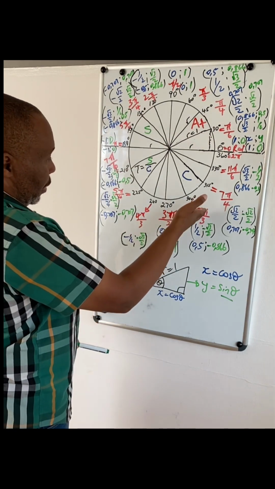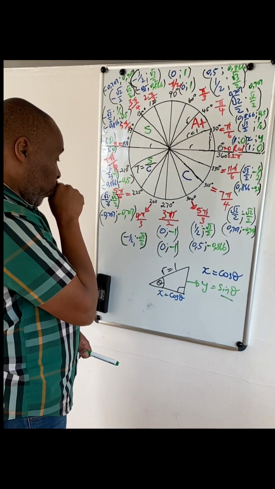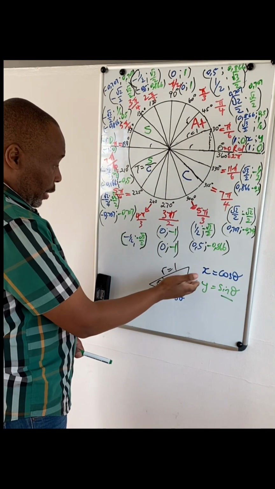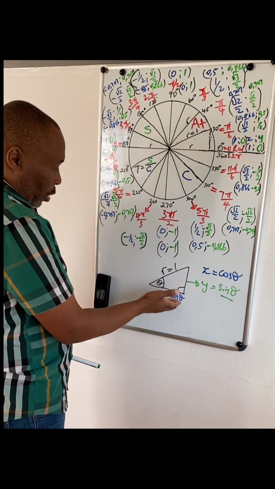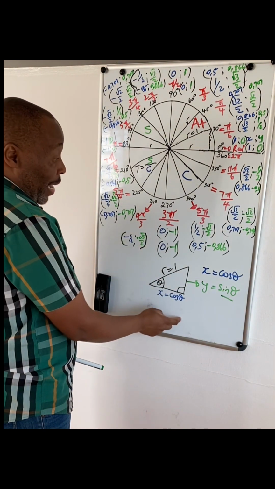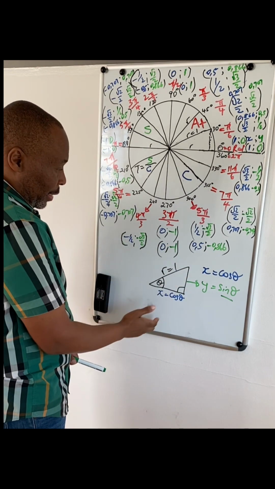The red ones are the pi's, like we've said, we've dealt with it. So x is equal to r cos theta and y is equal to r sine theta. R is equal to 1 unit. We made it, and this is the theta.